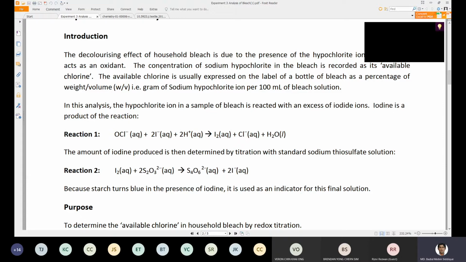So here, from the first reaction 1, we see that OCl and then iodide was used.